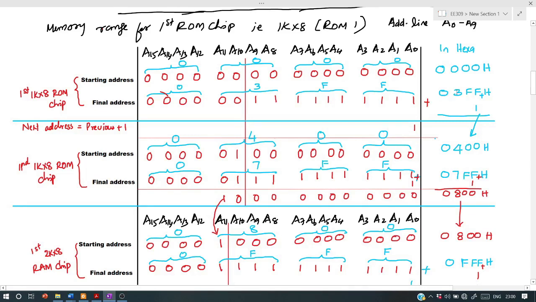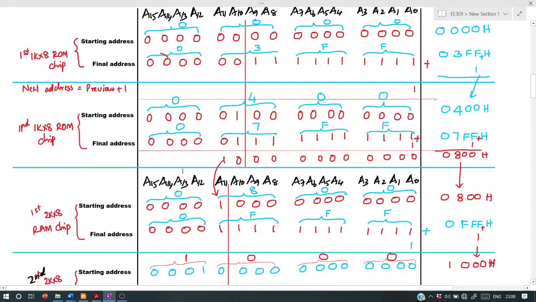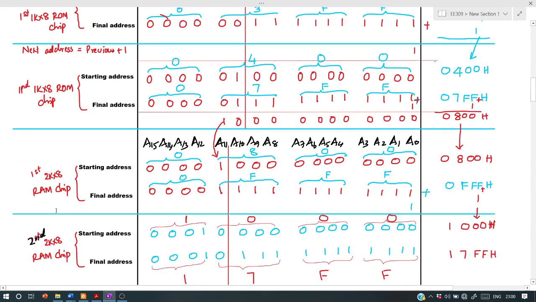So the address range required to interface the first 1K into 8 ROM chip is 0000H to 03FFH, and the address range required to interface the second 1K into 8 ROM chip is 0400H to 07FFH. The address range required to interface the first 2K into 8 RAM chip is 0800H to 0FFFH, and finally the address range to select the second 2K into 8 RAM chip is found as 1000H to 17FFH.